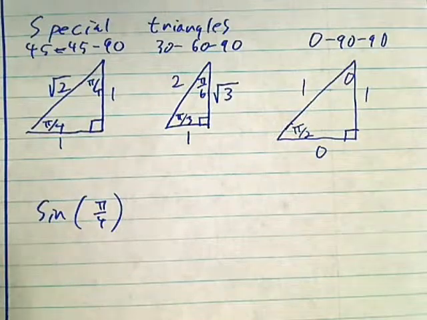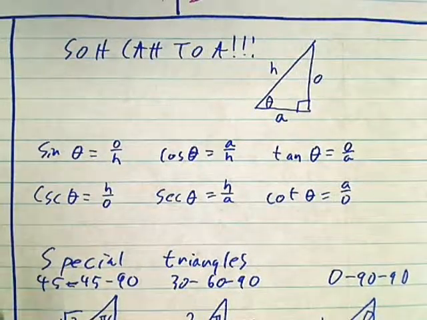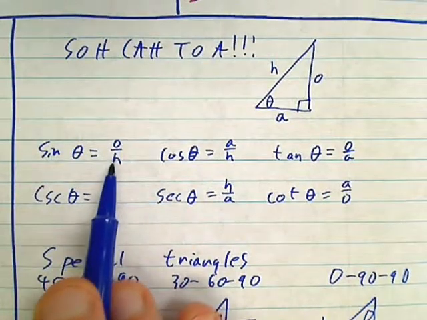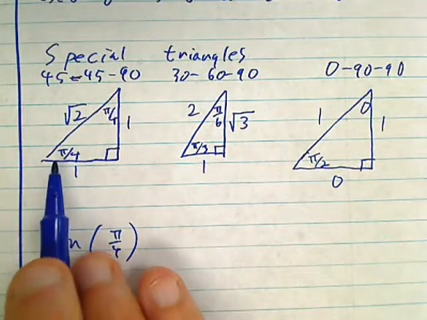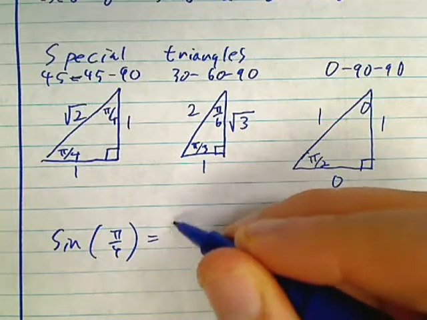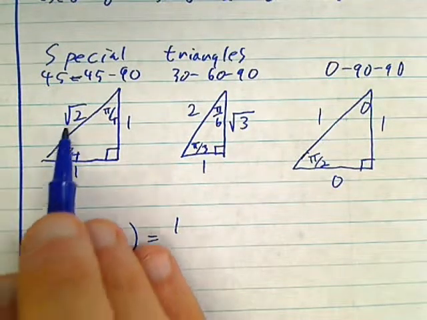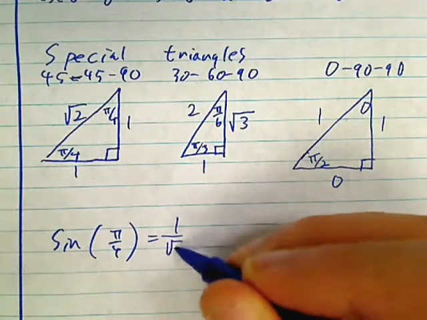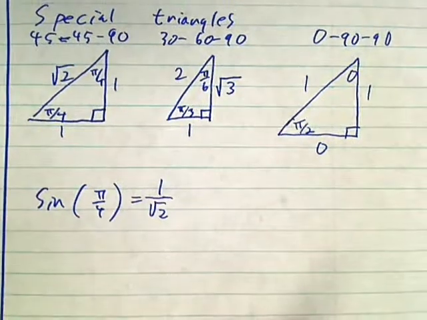Sine is the opposite over the hypotenuse, so let me use this definition and this pi over 4 right here. Opposite the pi over 4 is 1, and the hypotenuse of this right triangle is the square root of 2. So the sine of pi over 4 is 1 over the square root of 2.